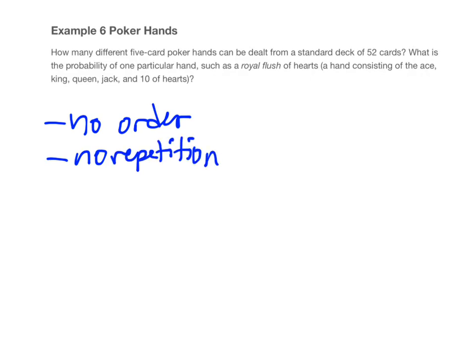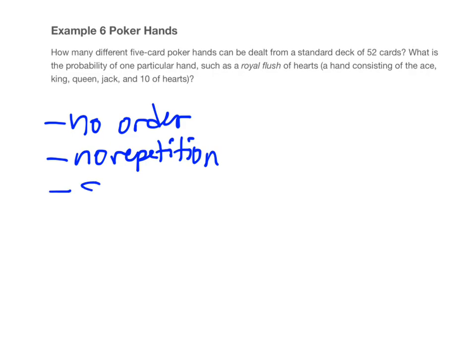Well, it's actually not the word different in this case, because the different is referring to the poker hand overall, not the cards themselves, which are the things that we're picking. But the clue here is implied. When you deal cards, you don't deal it out and then put it back in the deck. So you're not repeating, because you're always dealing a new card that hasn't been dealt before.